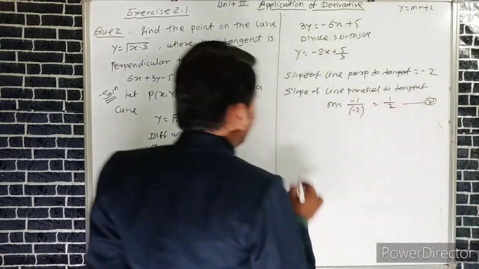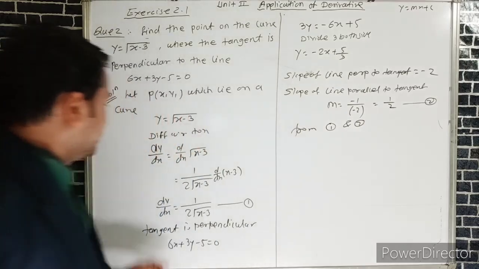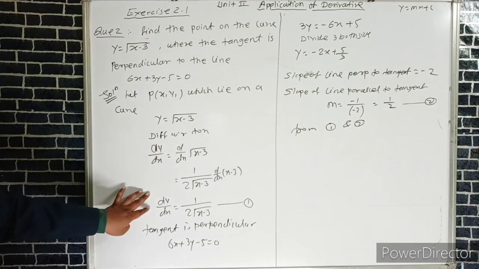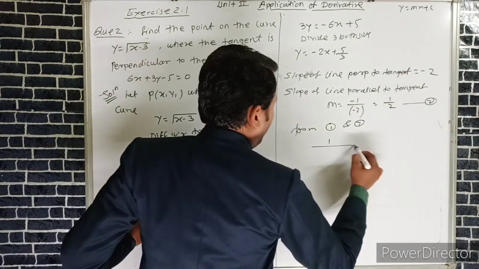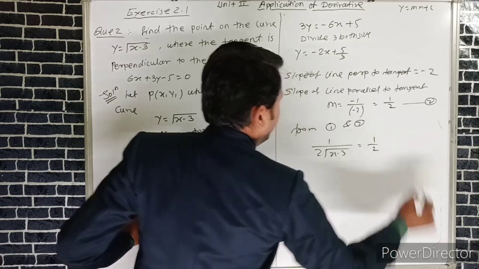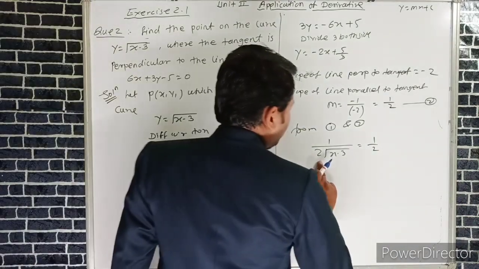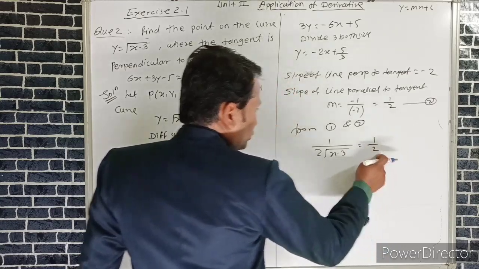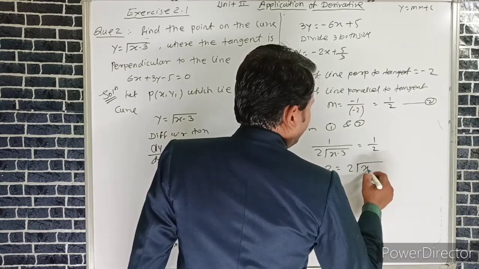Now from equation 1 and 2, we can say that the slopes of the line and the tangent are equal. Hence we can write 1 upon 2 under root of x minus 3 equals 1 by 2. If we take 2 under root of x minus 3 to the right side and 2 to the left side, then we can write 2 equals 2 under root of x minus 3.